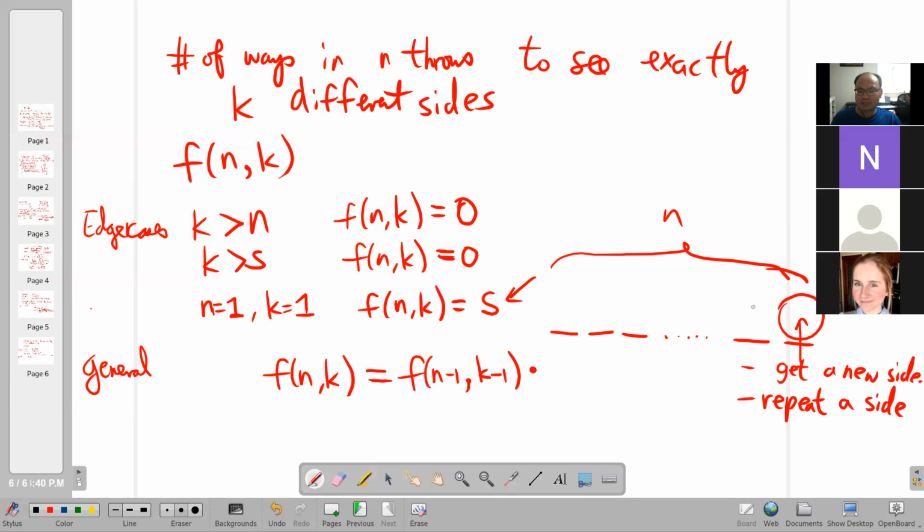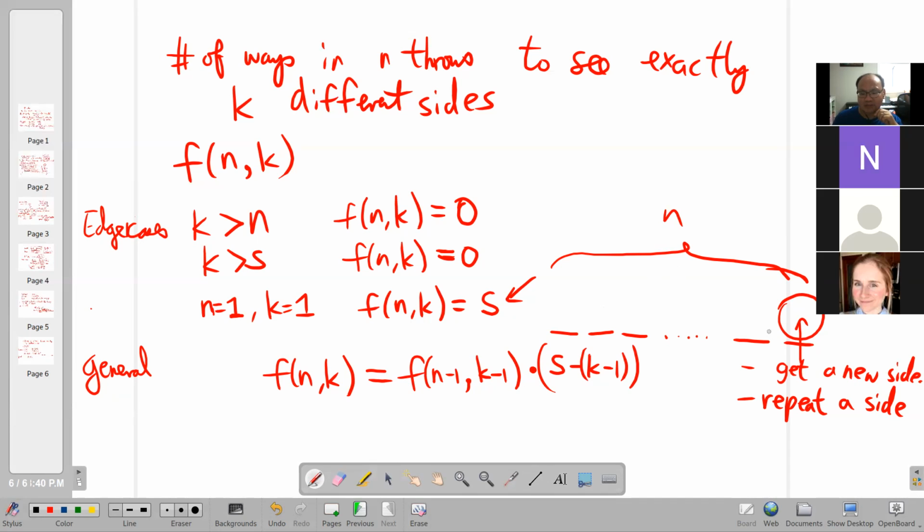And the number of ways you can get the new side is S minus (k minus 1), because there are that many sides that you haven't seen in the first n minus 1 throws yet. And that's the first part.